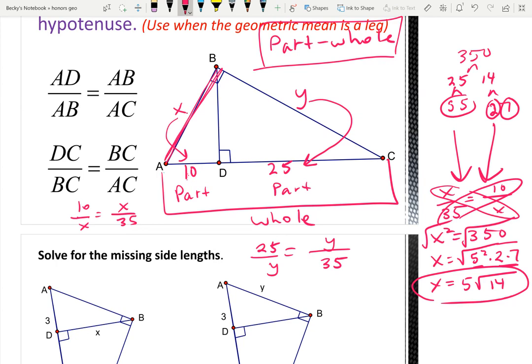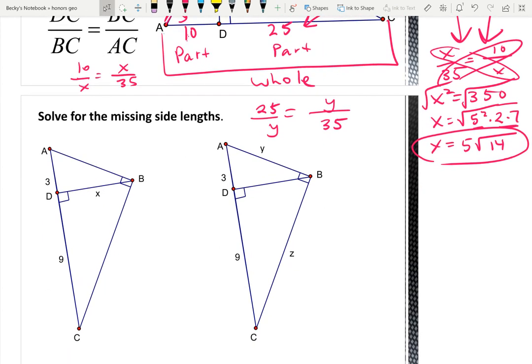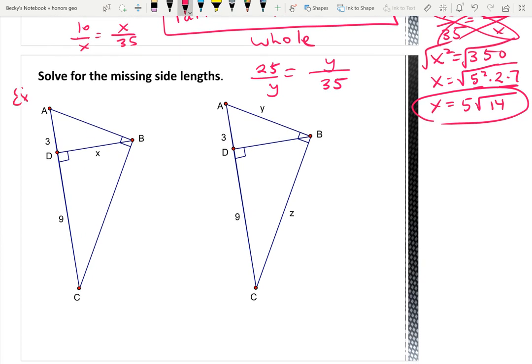All right, so we're going to practice a few of these. The first one here, let's just call this example 1. The geometric mean's in the middle, so this is just a part problem. So the geometric mean goes in opposite corners. You're going to take the 2 numbers, 3 and 9, and put those in opposite corners, the part and the part.